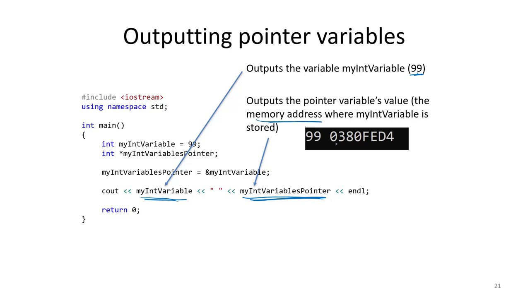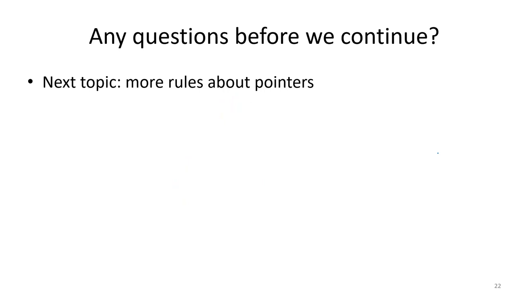So in this case, we received the location where myIntVariable is stored. Feel free to reach out if you have any questions on these first rules, and keep them handy. It's really helpful to have the rules of pointers in front of you as you start getting familiar writing programs with pointers.